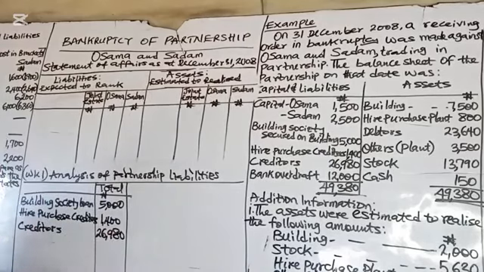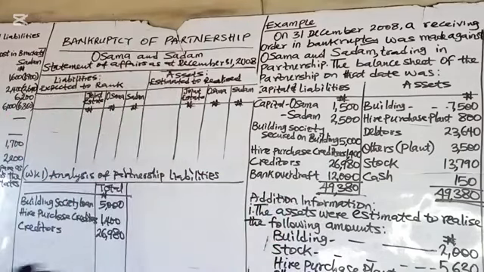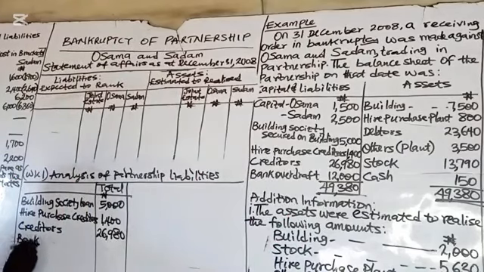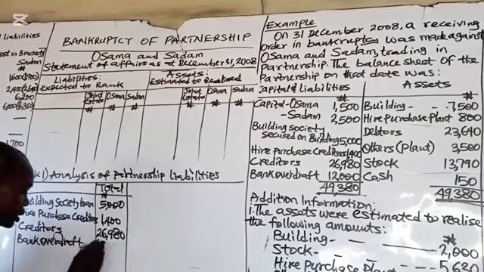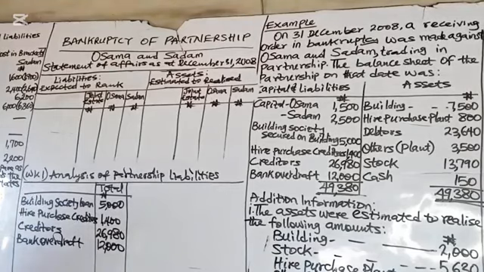We equally have bank overdraft, 12,000. Bank overdraft, 12,000. These are the liabilities of the partnership business.